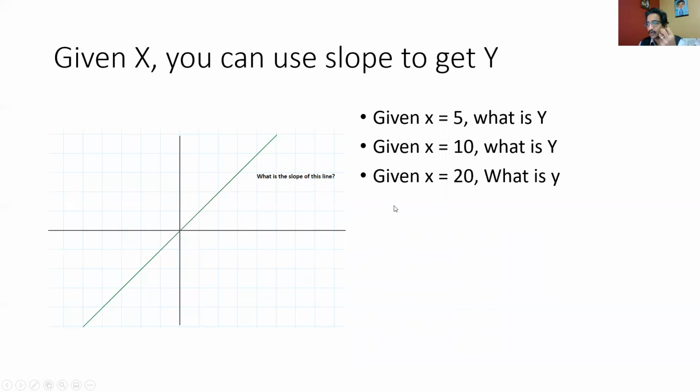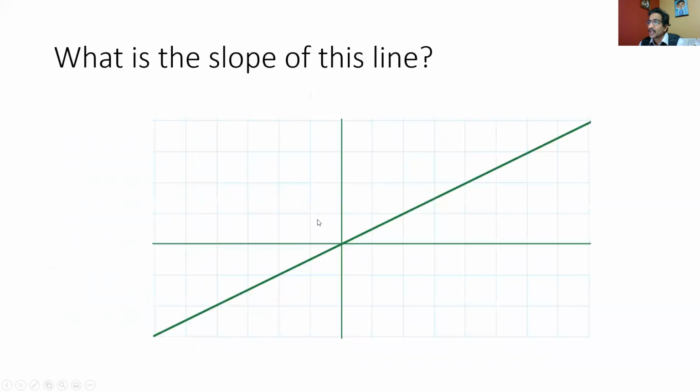Now let's say x is 10. You don't need a graph of 10 points to figure out the value of y. You know the slope is 1, so you can plug in x and you get y.